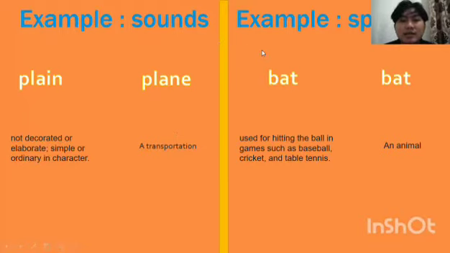The second example is spelling or homography. The first one is bat and bat.